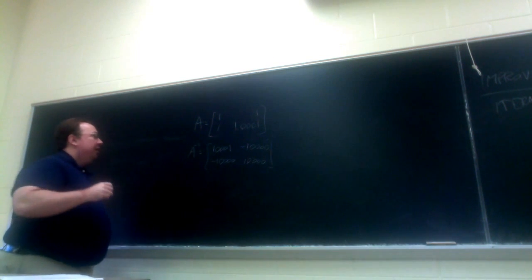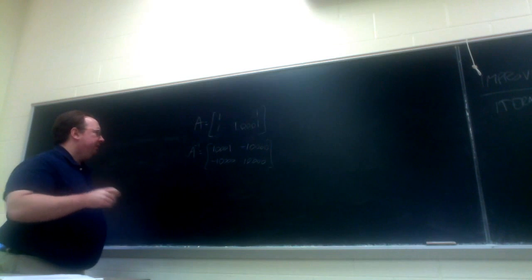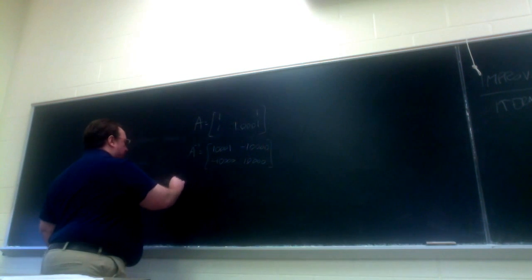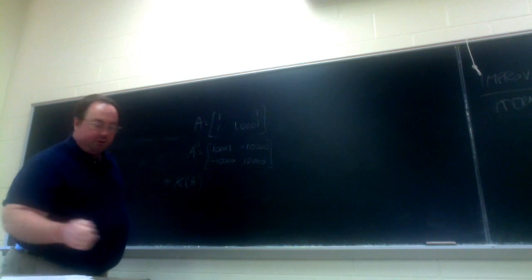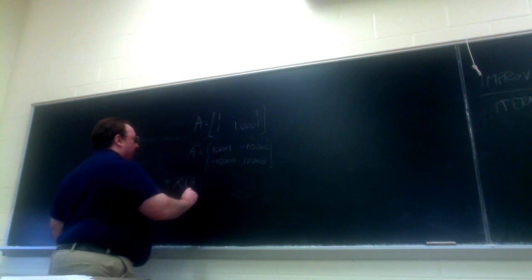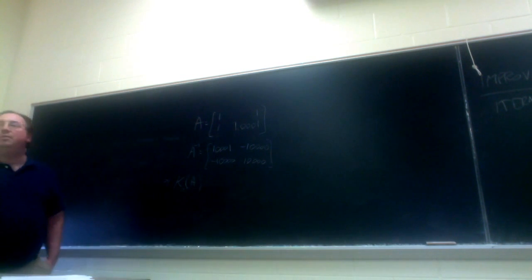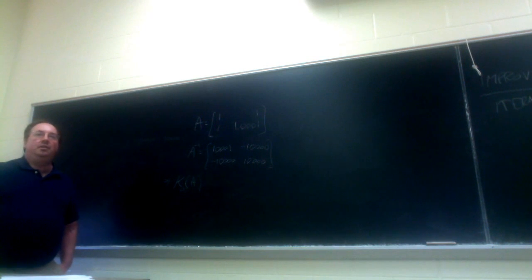So what we can do is we can compute the condition number pretty easily if we use the infinity norm. What is the infinity norm? Just in general, how do we compute it? Maximum row sum. Yeah.